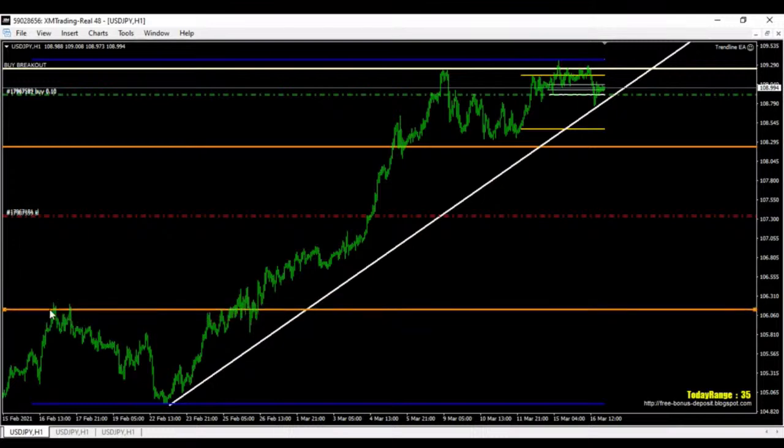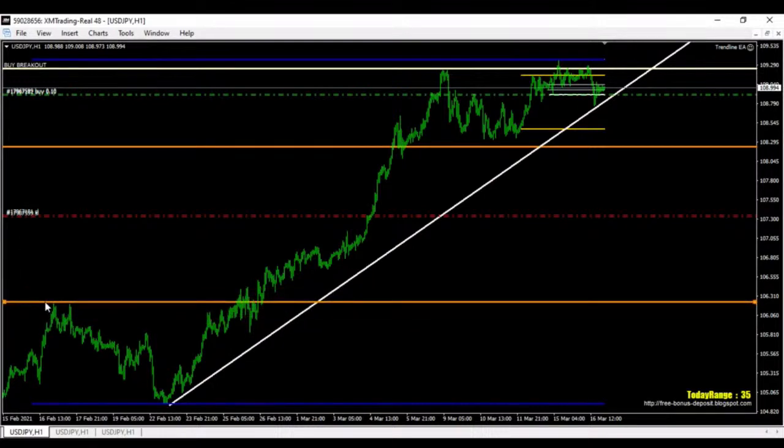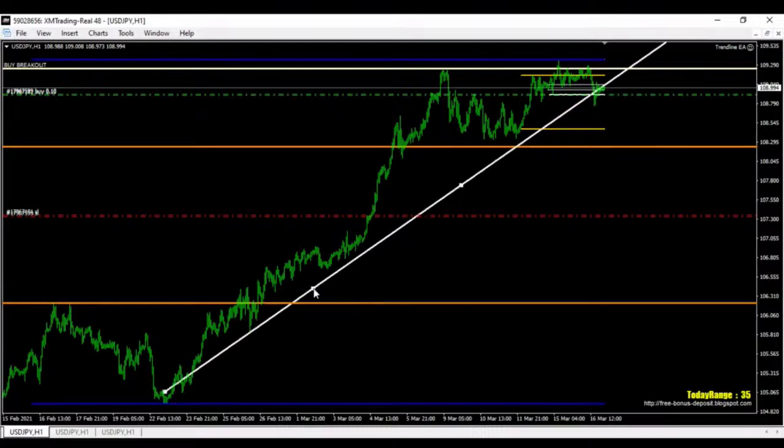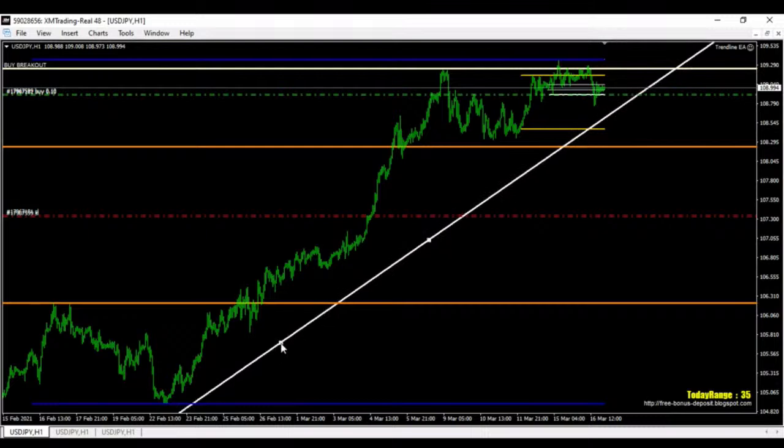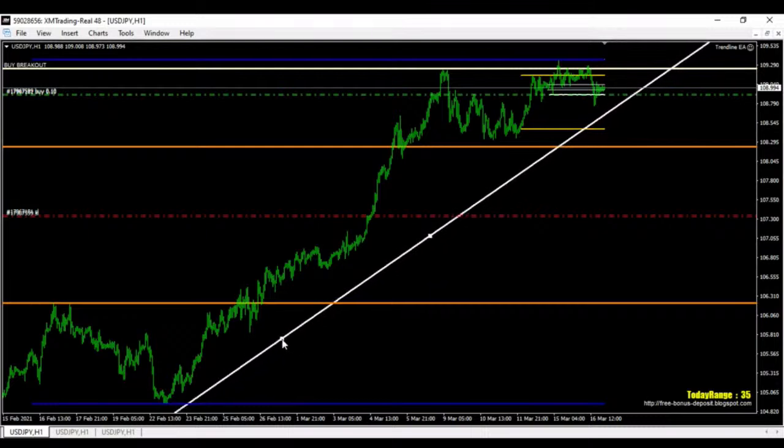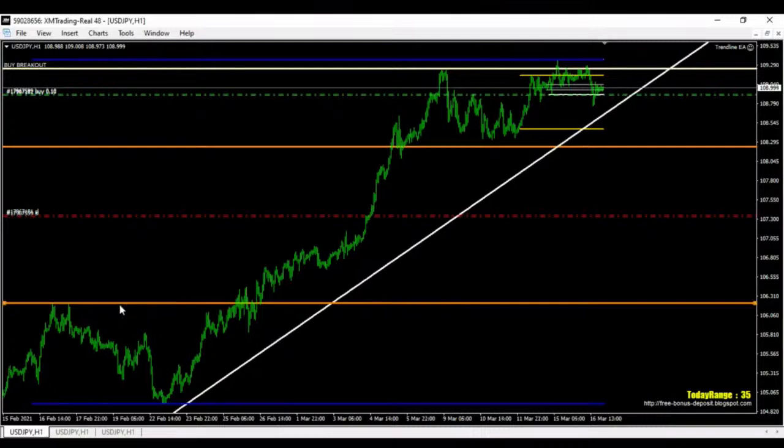This previously used to be the highest high before there was a breakout of it, and that gave us this longest leg. That is the characteristic of an uptrend. And exactly what happened here, breaking this range, is exactly what is going to happen right here.